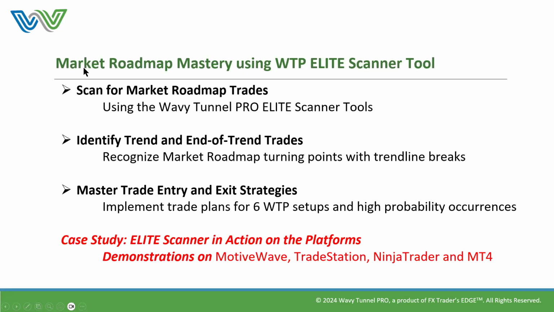So now we just showed you the elite indicators. Now we're going to show you the scanner tool where you can scan for these market roadmap trades. You can identify trend and end of trend trades and recognize the market roadmap turning points with trend line breaks. We have trend line breaks also.